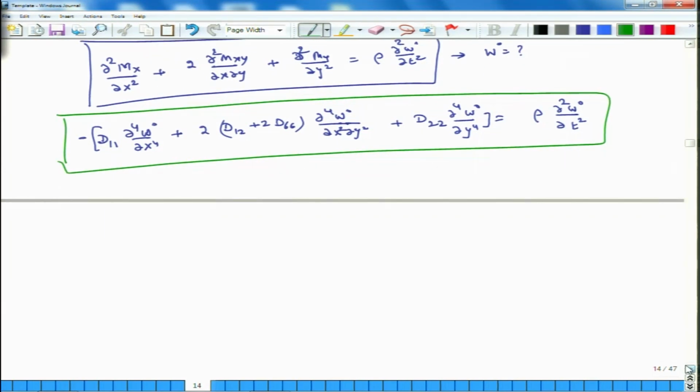Now, to solve this equation, we will guess a function in such a way that it satisfies all the boundary conditions and also this differential equation.